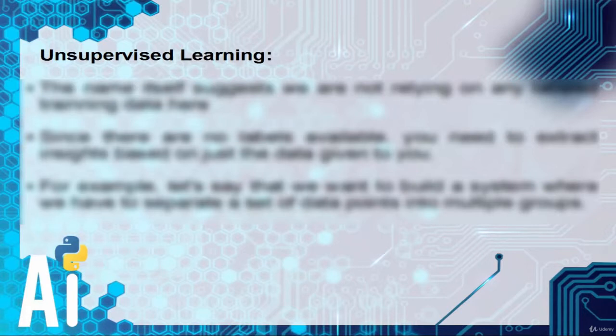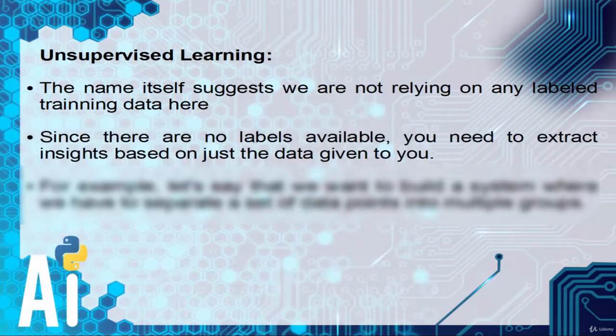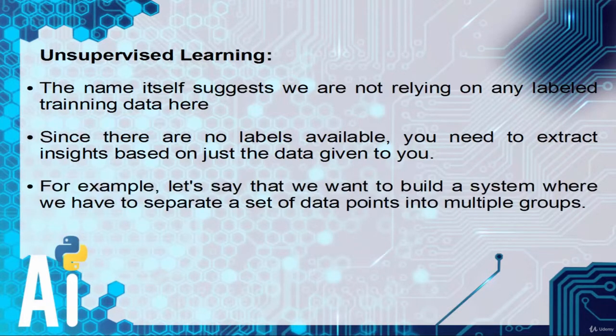Now let's see what unsupervised learning is. The name itself suggests we are not relying on any labeled training data here. Since there are no labels available, you need to extract insights from just the data given to you. For example, say we want to build a system where we have to separate a set of data points into multiple groups.